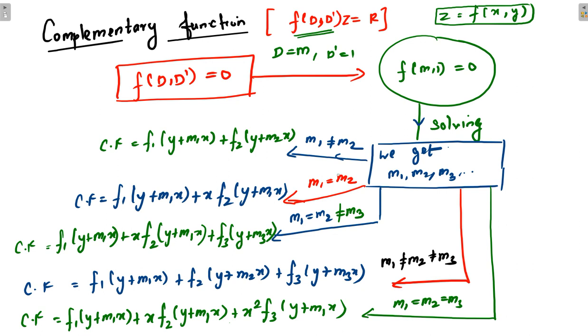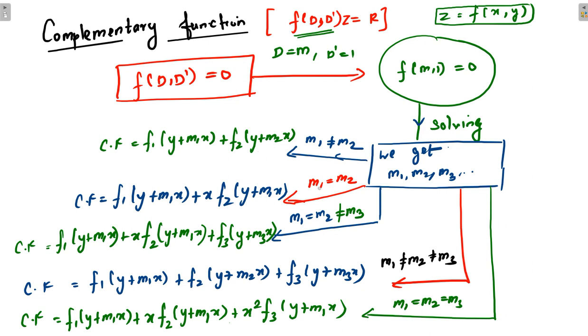For this case I have written the formula depending upon the nature of m1 and m2. Suppose m1 not equal to m2, if you have two unequal roots, you have to use this formula to find the complementary function: f1 of y plus m1x plus f2 of y plus m2x.